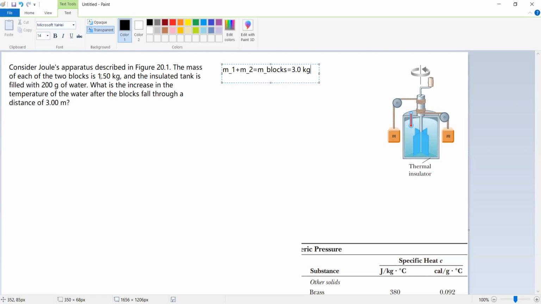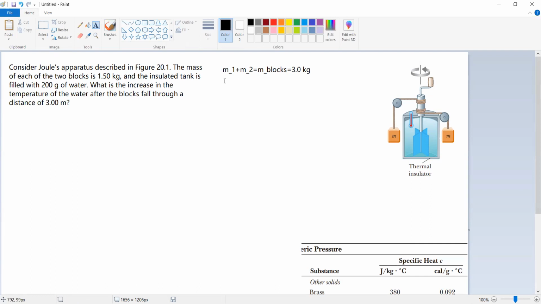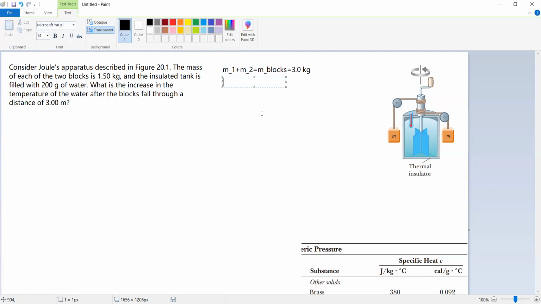Well, there are two blocks, each of them weigh 1.5 kilograms. Therefore, in sum, their mass is 3 kilograms. The mass of the water is 200 grams, or in SI units, 0.2 kilograms.